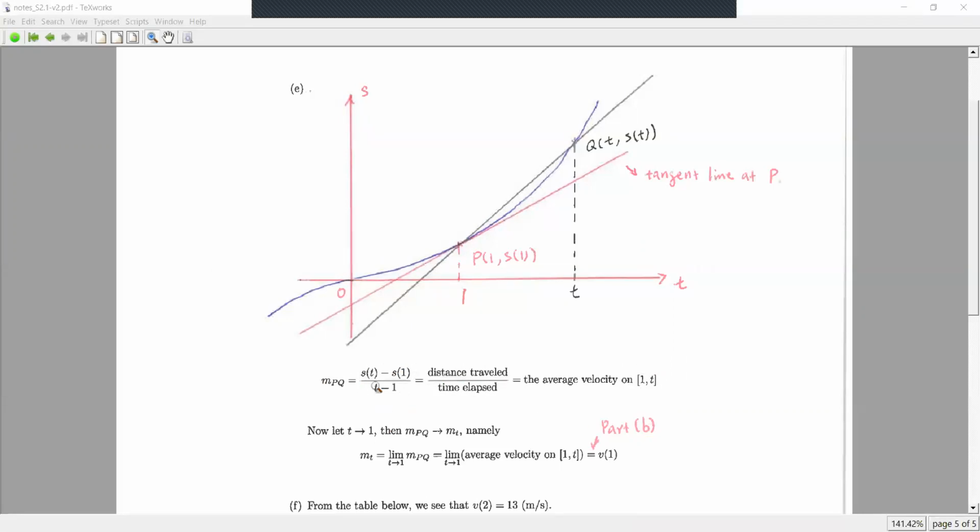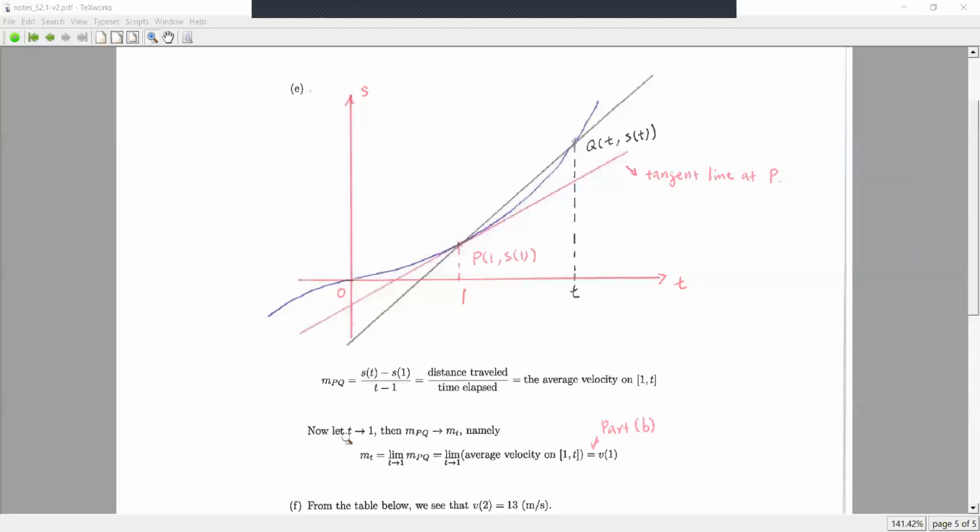So this is the average velocity on this time interval. In other words, the slope of this secant line is the average velocity on the time interval from 1 to t.